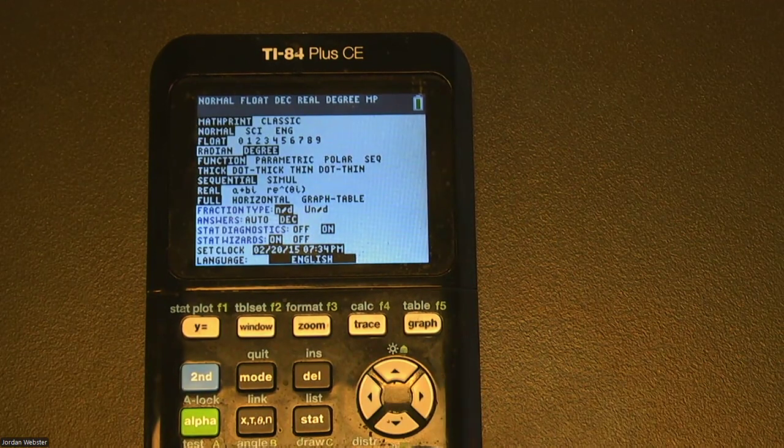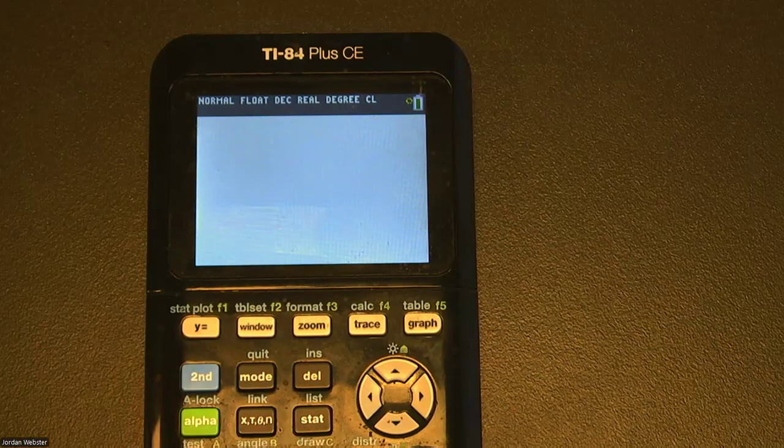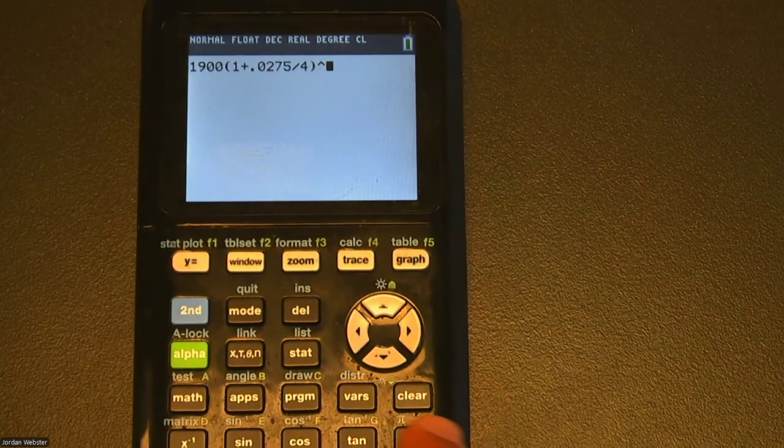If you have the classic mode, you type in 1900 times (1 plus 0.0275 over 4) and put your parentheses. And then you'll hit your exponent key and it'll look like a caret. If I just do 4 times 10, that's not going to be the same thing as what I just typed in.